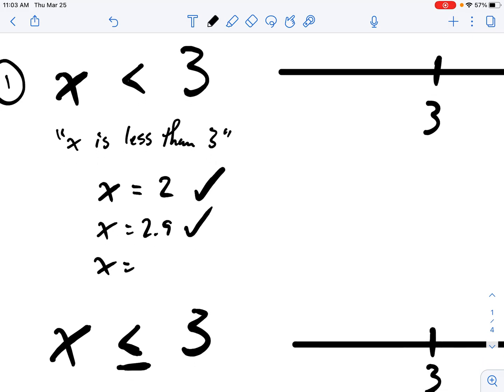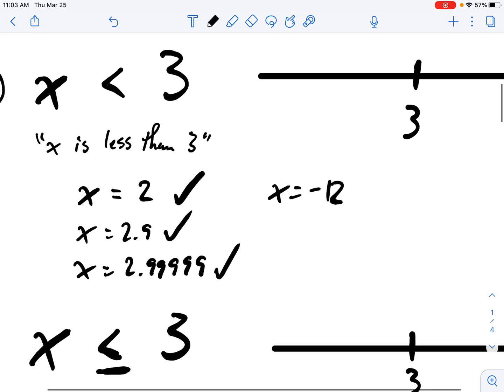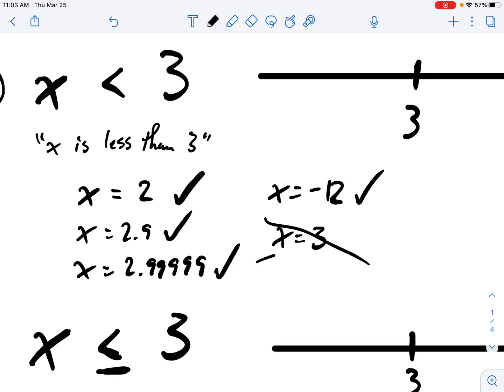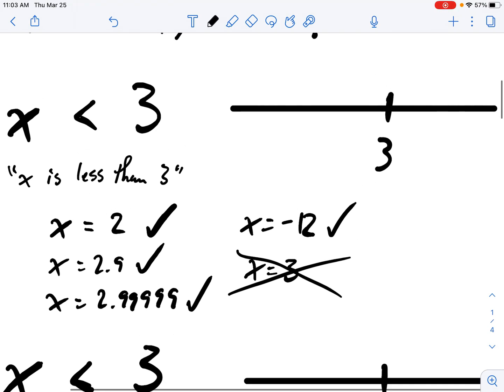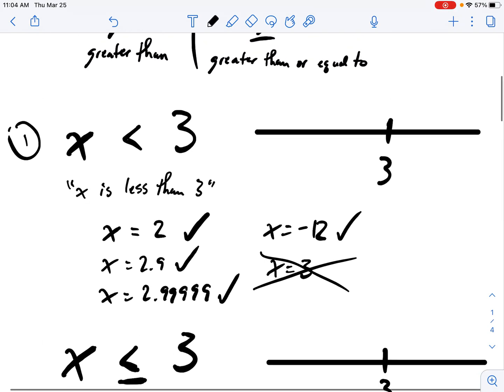Could x be 2.99999? Yes. Could x be negative 12? Yes, because that's less than 3. Could x be 3? No. X cannot be 3. So any number smaller than 3, not including 3, is what x can equal.